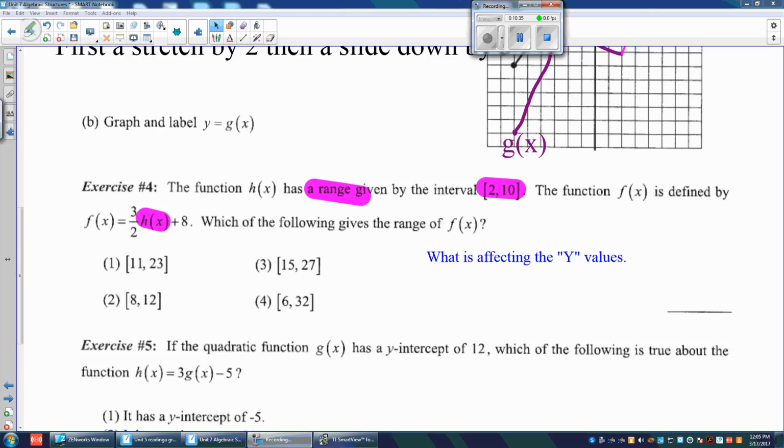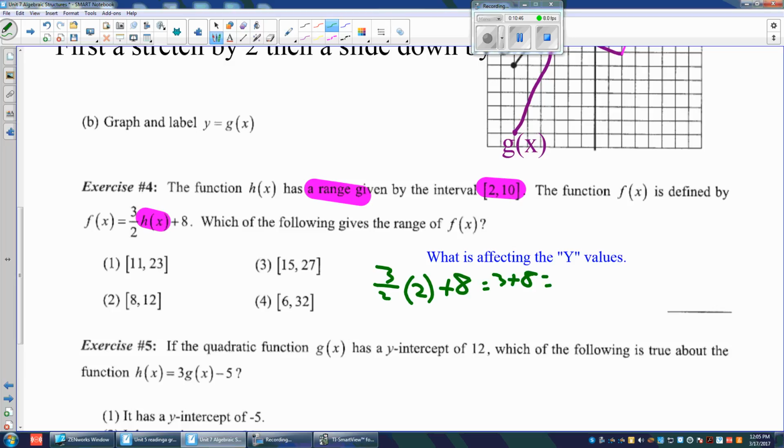I'm going to grab the 2 and say, what is 3/2 of 2 plus 8? That's 3 plus 8, which is 11. Now, I'm going to grab the 10 and say, what is 3/2 of 10 plus 8? Whenever I saw h of x, I put in its answer.